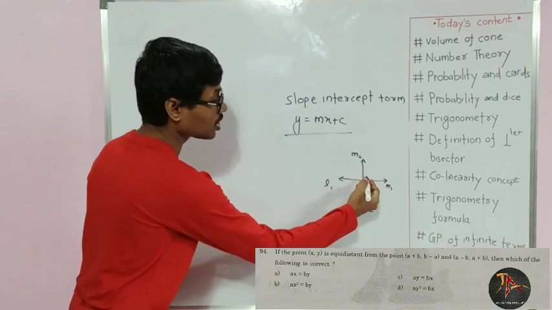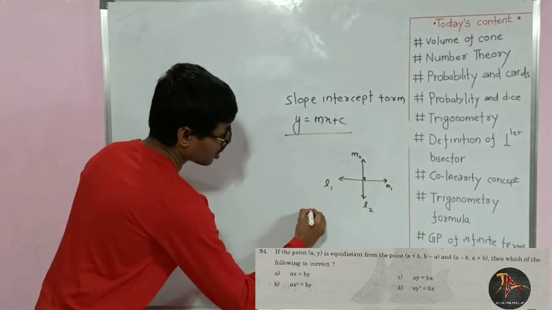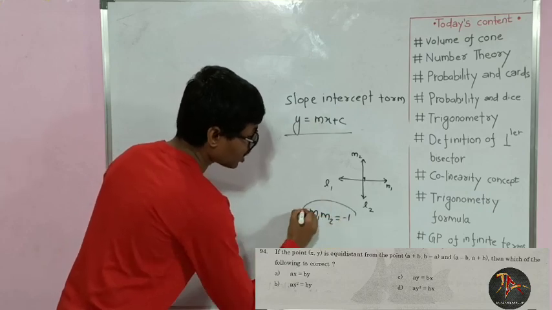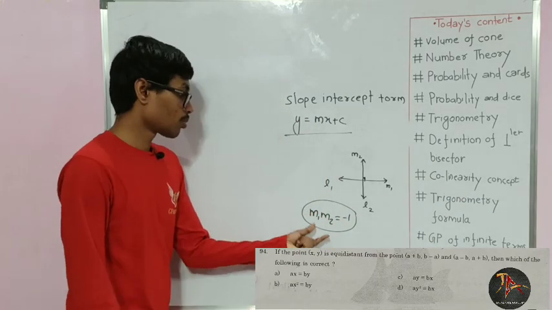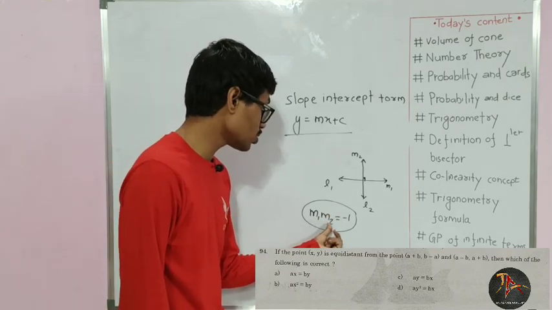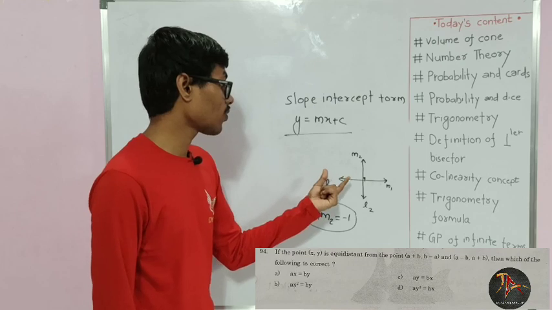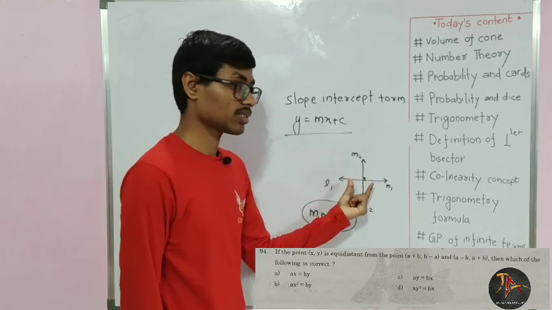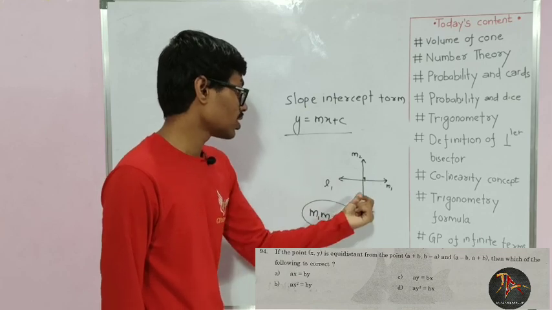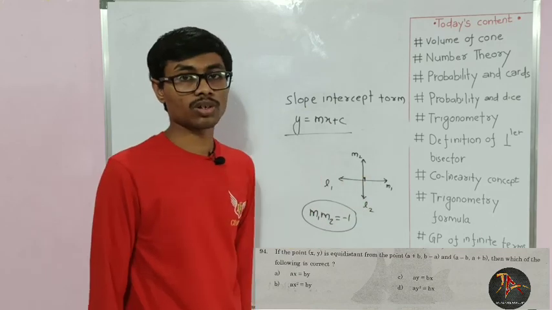Now if these lines are perpendicular, then the relation between m1 and m2 is given by m1 into m2 is -1. The product of them is -1. If the product of the slopes of two lines is -1, then the two lines are perpendicular to each other.